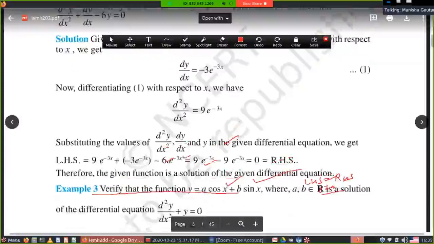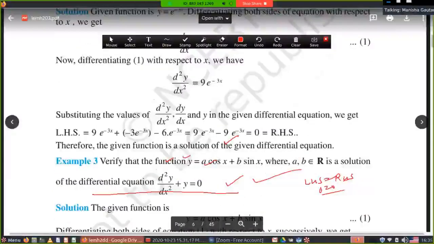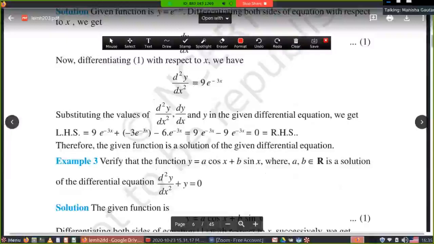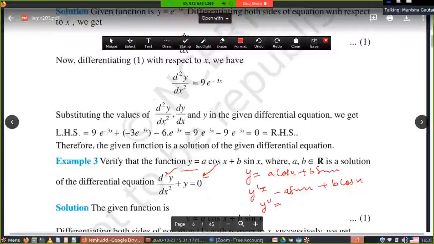Now the next example, again y is given to you. For this y, you have to check whether this y satisfies this differential equation or not. Second derivative is required. y is given as a cos x plus b sin x. Now y dash will be equal to minus a sin x plus b cos x, and y double dash will be equal to minus a cos x minus b sin x.